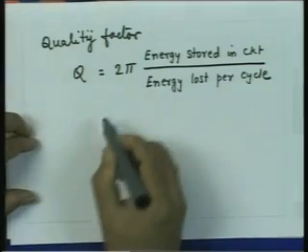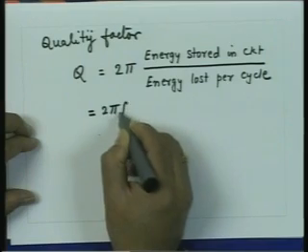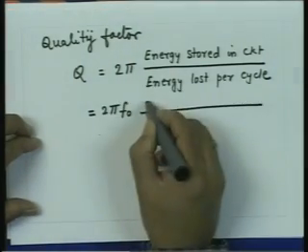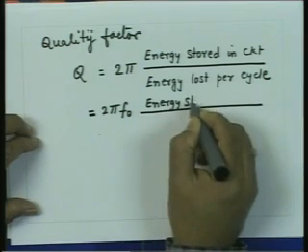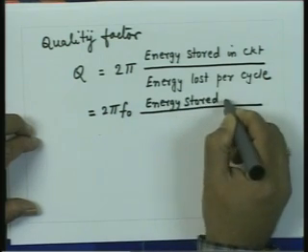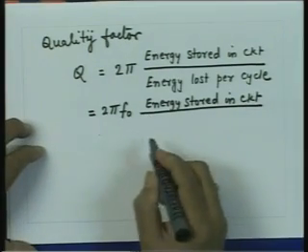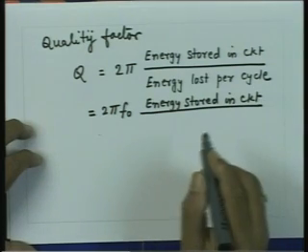So, I can write down the same expression for the quality factor as 2 pi into the resonant frequency of the circuit multiplied by the energy stored in the circuit divided by the energy loss per second, which is nothing but the power loss in the circuit.